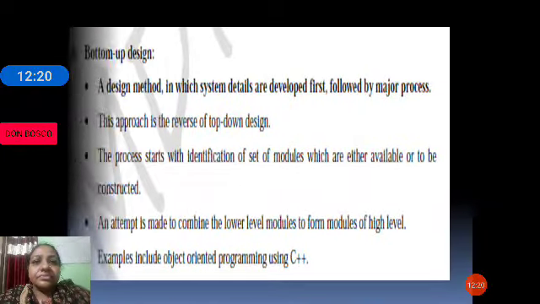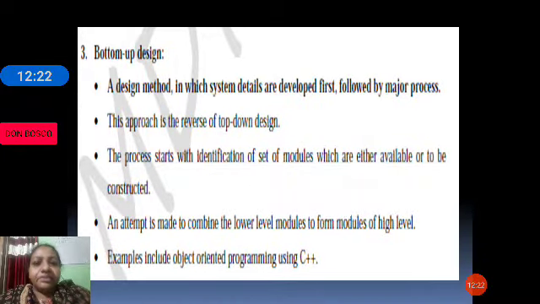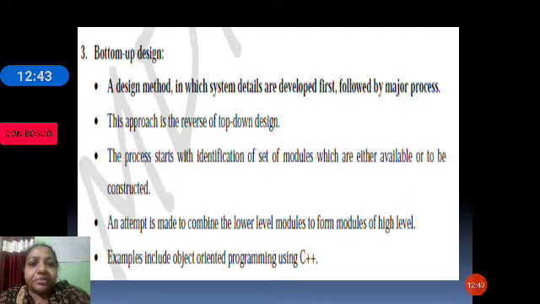Next comes the bottom-up design. Generally in the coming chapters you will be studying programming in C++, where you will be writing programs, and here we are using the bottom-up approach. By this time you must be familiar with object oriented programming.